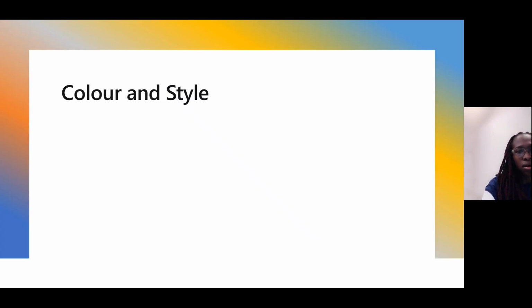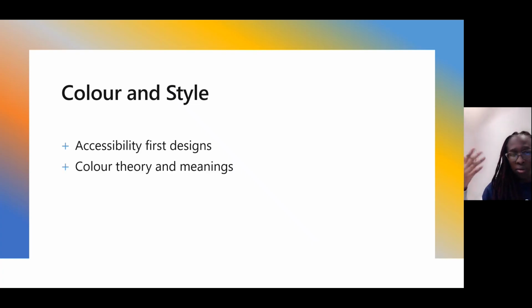And then the other thing is color and style in your designs. There are three main things you should note in this. The first one is make sure your designs and visualizations are accessible first, and then go through the different meanings of color and color theory.